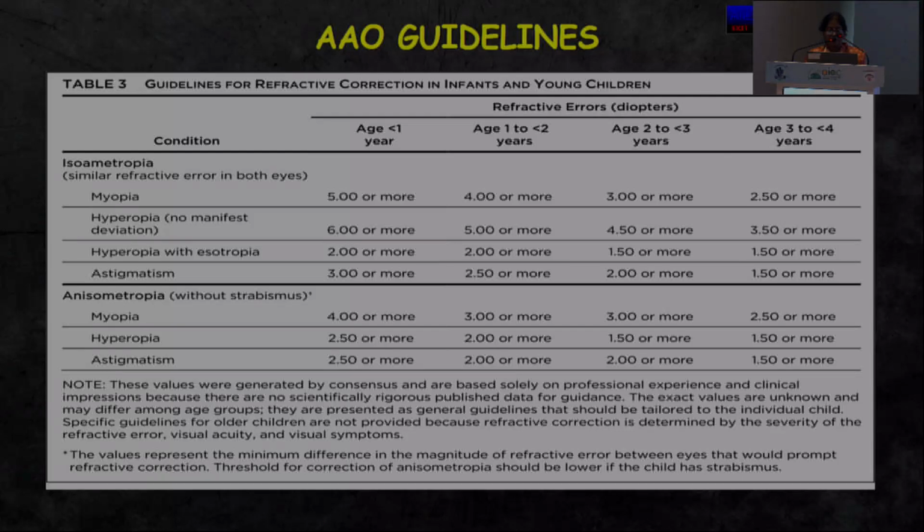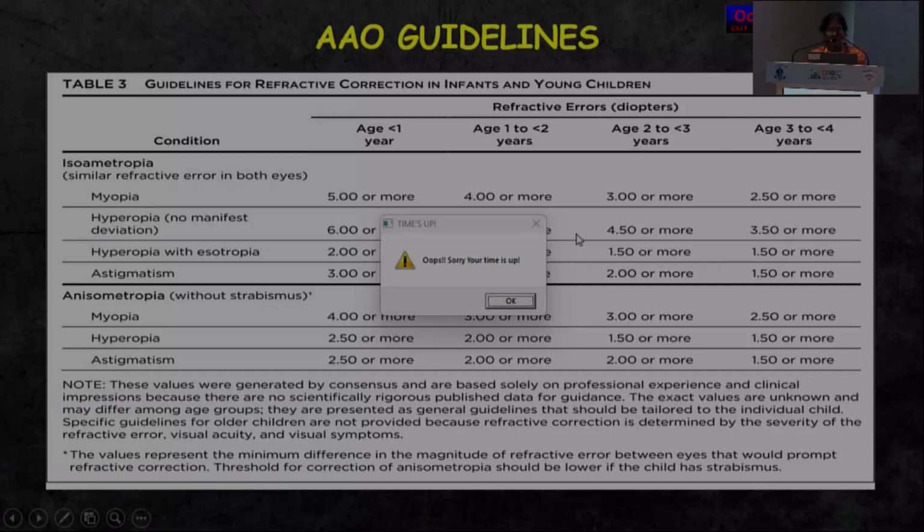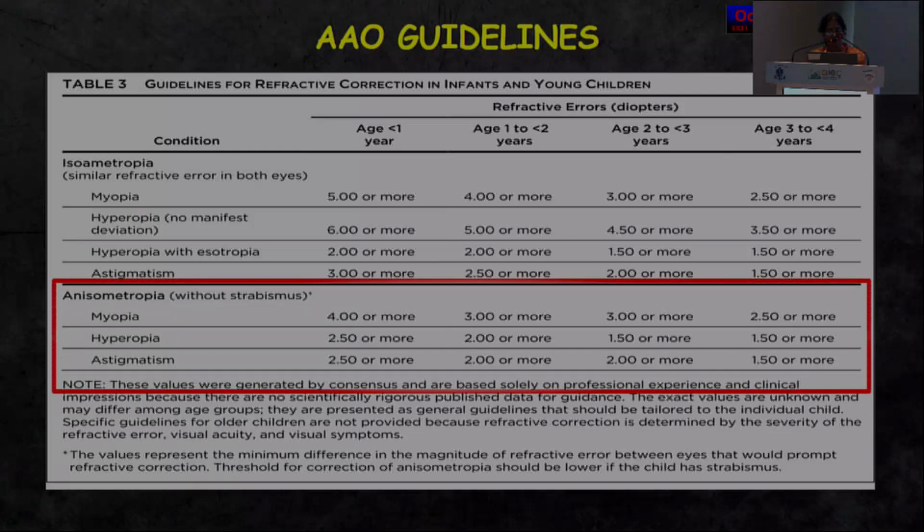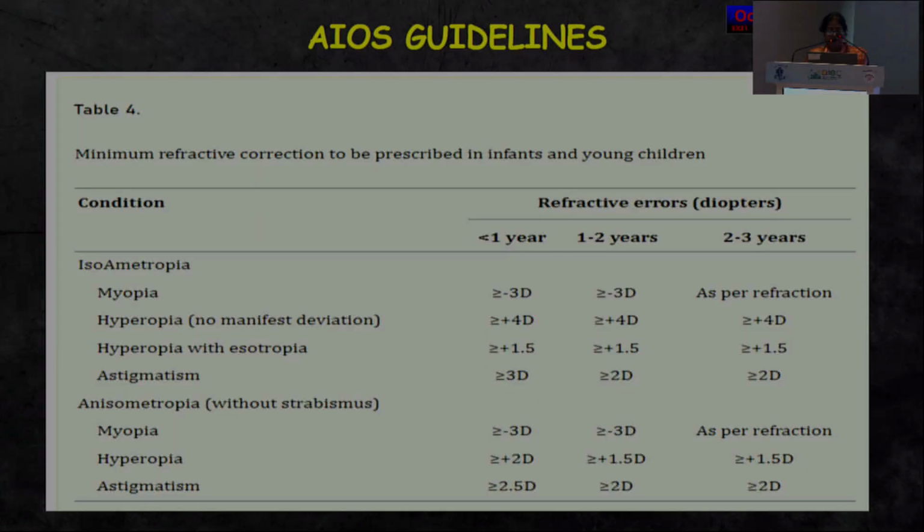For a myopic child of less than 2 years of age, you need to prescribe if it is isometropia of more than 4. But for the same kid, if the child has anisometropia, one has to prescribe if it is 3 or more. So the threshold is lower when it comes to anisometropia, because anisometropia can lead to amblyopia.